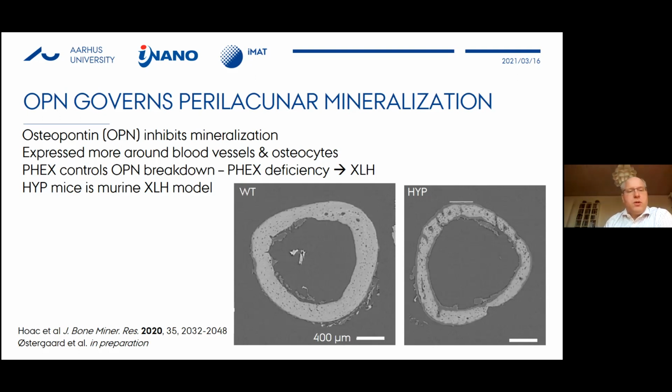So this suggests that when you cannot break down osteopontin, the region around the osteon canal is not mineralized, reflecting that this is really a different type of bone which is present here, heavily influenced by osteopontin-like proteins. This also happened around the osteocytes.